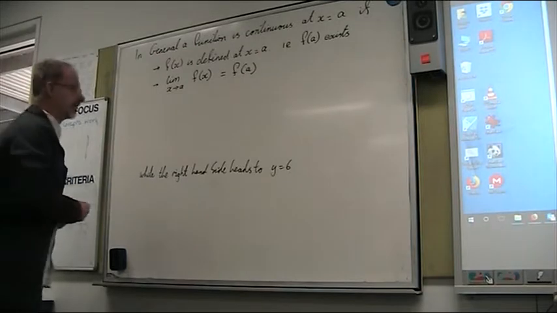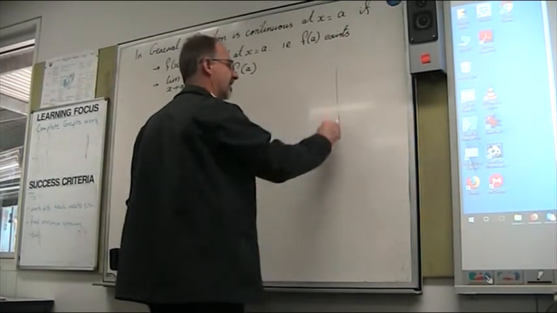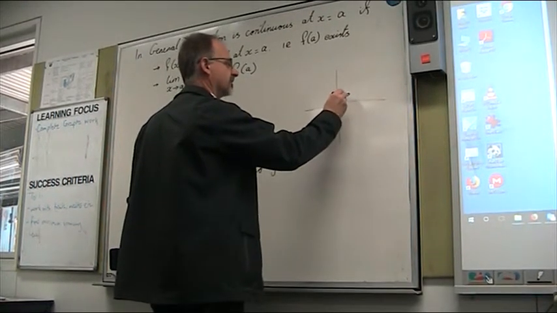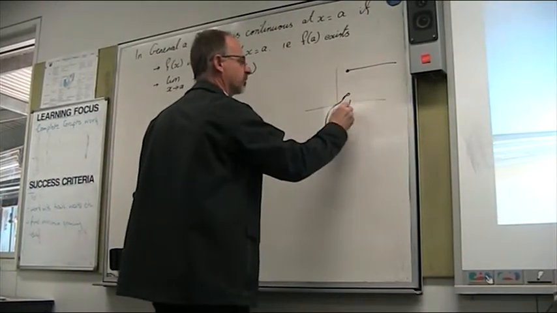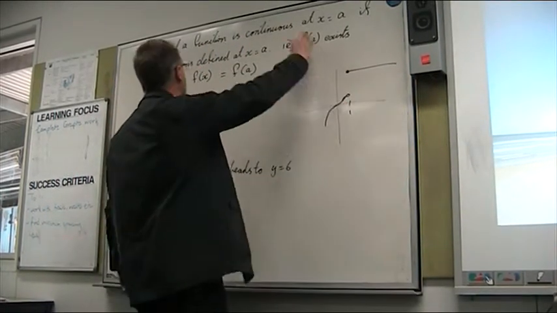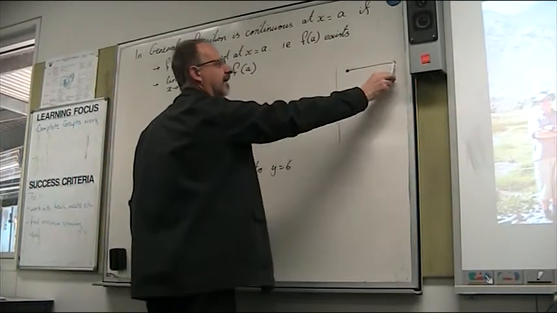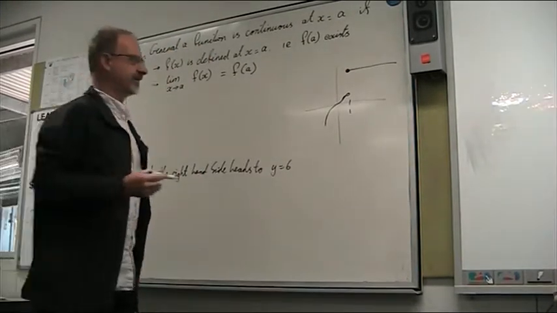All right, then, the one I just rubbed off, which goes like this, and that was 1, satisfies the first one because at x equals 1 it's got a value there of 6.